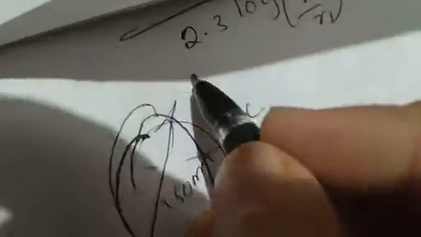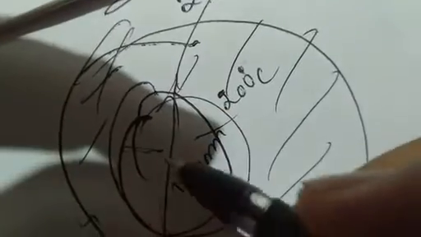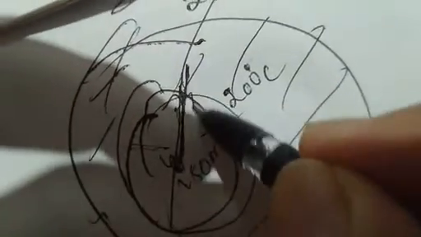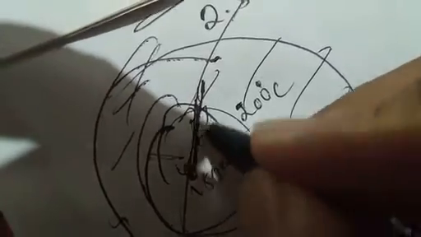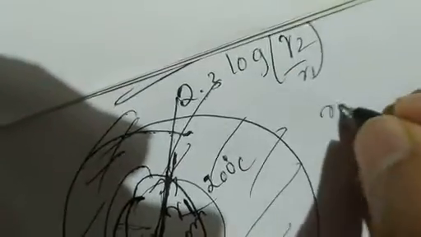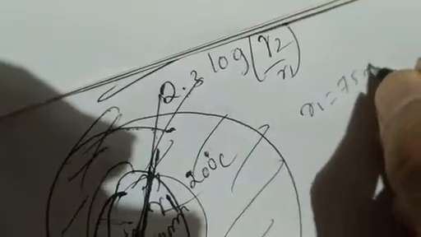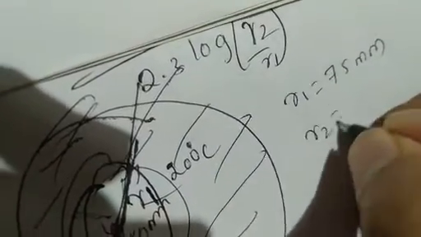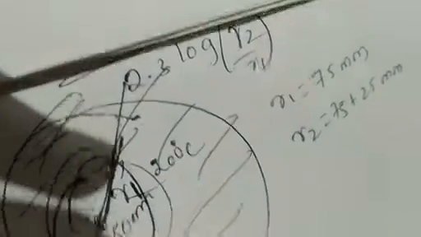This means the radius is 75, so R1 is 75 mm and R2 is 75 plus 25 mm. Is it clear?